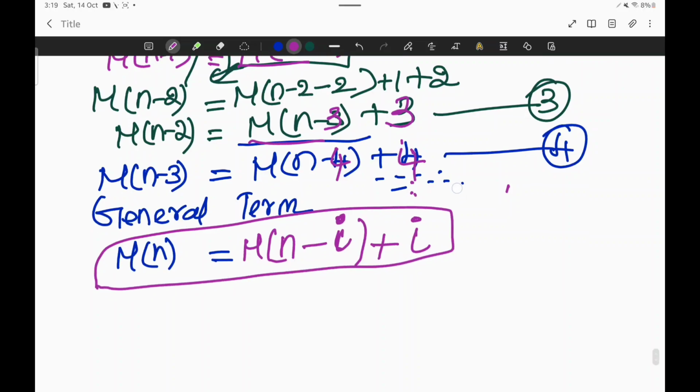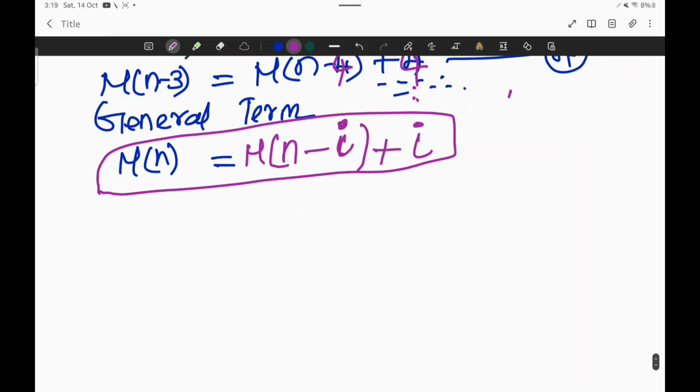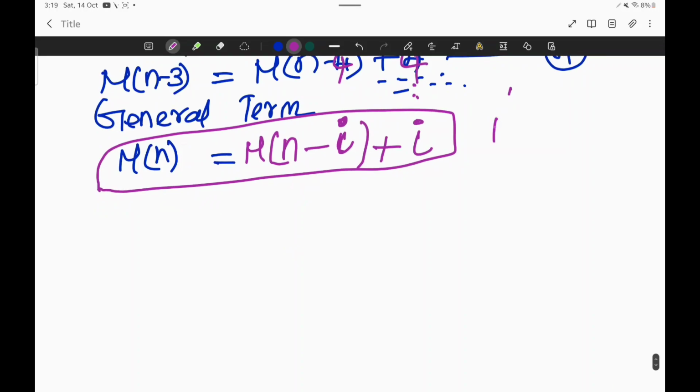So what is the last step? We need to solve this recurrence relation. How to solve this? With the help of the initial value we can solve it. What is the initial value? M of 0 is equal to 0. When n is equal to 0, no multiplications will be done and the function will not call itself again. We stop calling the function. So we want to match this n minus I with 0.